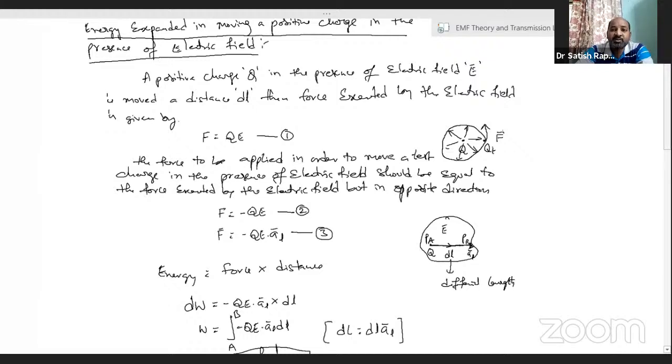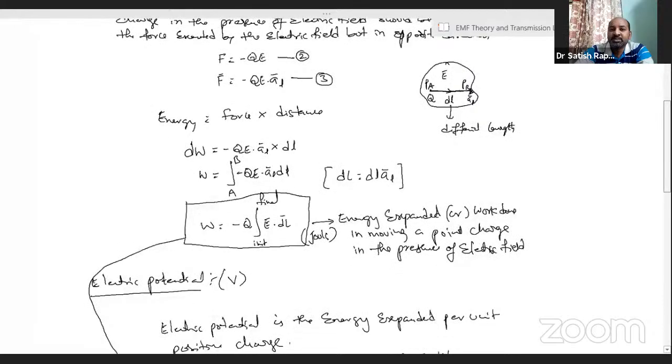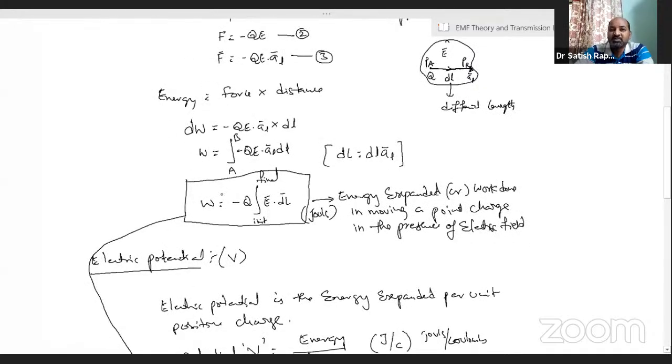What is electric force? Electric force is the force exerted in the presence of an electric field in order to move a point charge from one point to another point, and that is nothing but minus QE. And distance is dl, and substituting that, we will get the energy expended in moving a positive point charge.